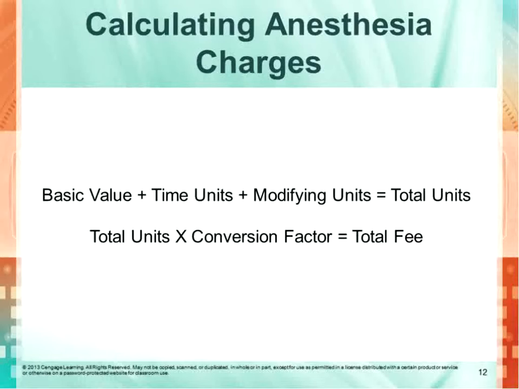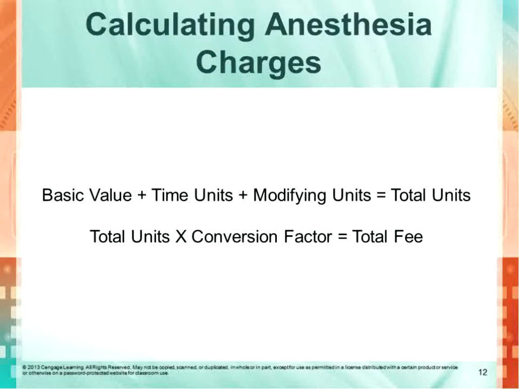So, for example, if your documentation says that it took a total of 1 hour to complete those services, and the time unit is in 15-minute increments, then you're going to plug in 4, because there are four 15-minute increments in an hour, right? So you will get your basic value units, plug that in the basic value. Time units, plug that in.